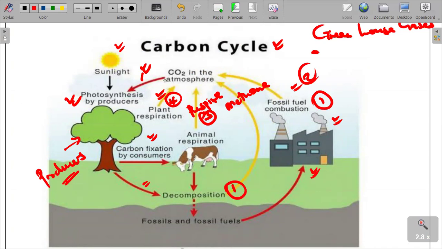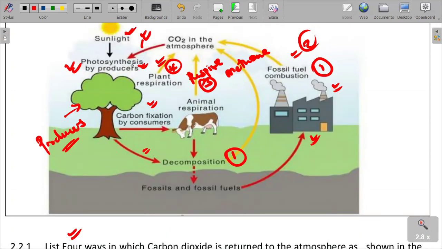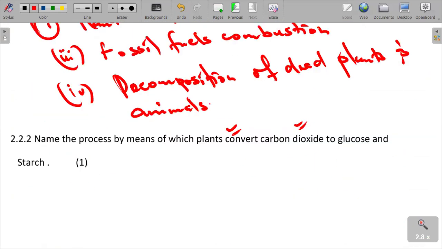We are seeing sunlight here. We are seeing photosynthesis by producers, which we say are plants, vegetation. So what is the process by which plants convert carbon dioxide to glucose? It is, what? Through photosynthesis.